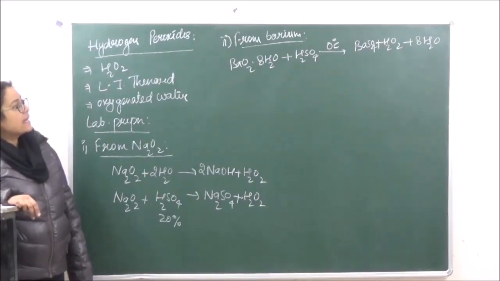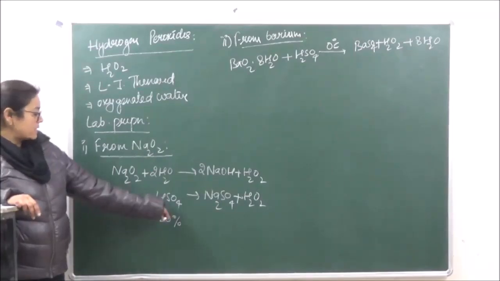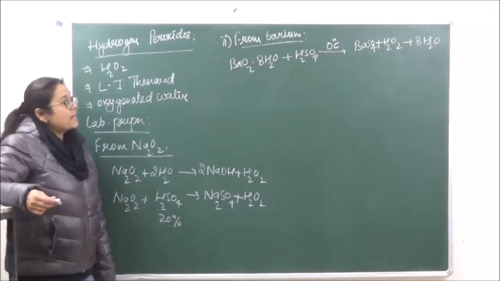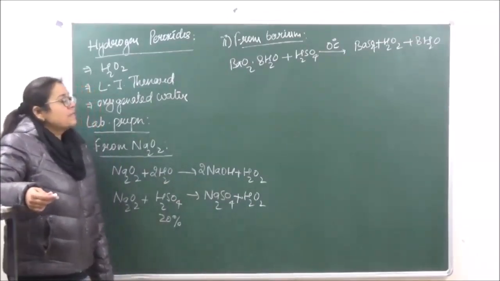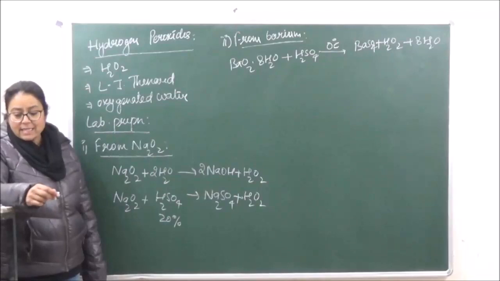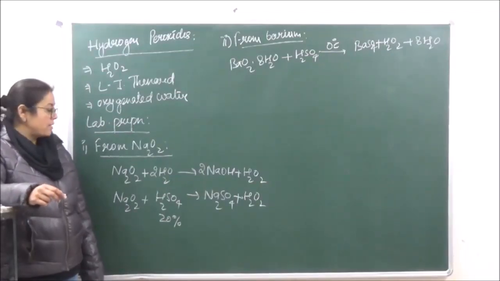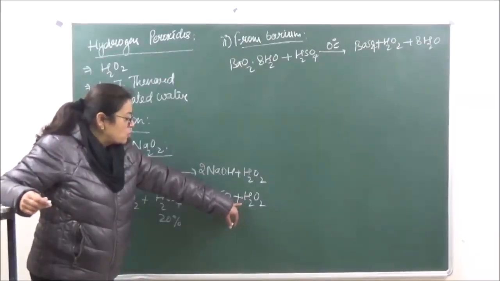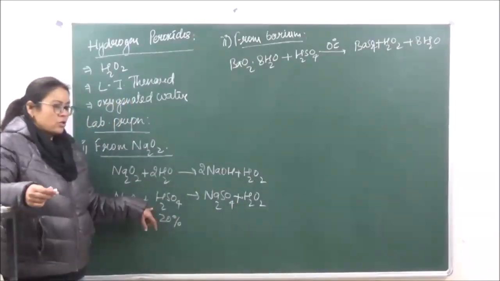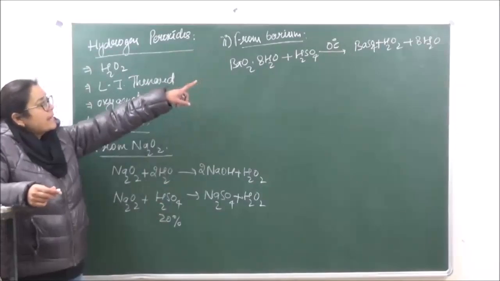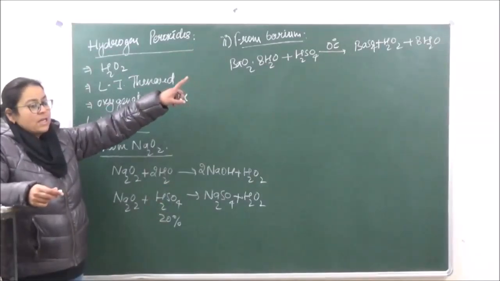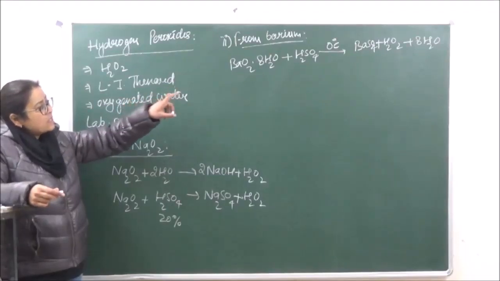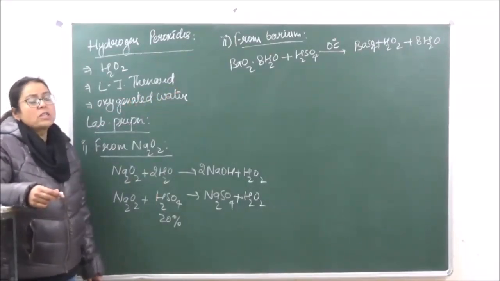Now it is seen that the use of sulfuric acid, as we are doing over here, has one disadvantage. The disadvantage is that it catalyzes the decomposition of hydrogen peroxide very easily. So when we are looking at H2O2 which is formed by reaction of H2SO4 in this reaction and in that reaction, in both these cases the H2SO4 has a tendency to decompose the H2O2 which is formed.